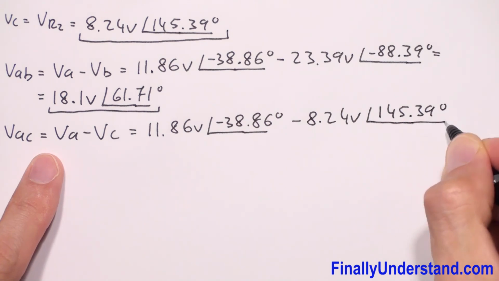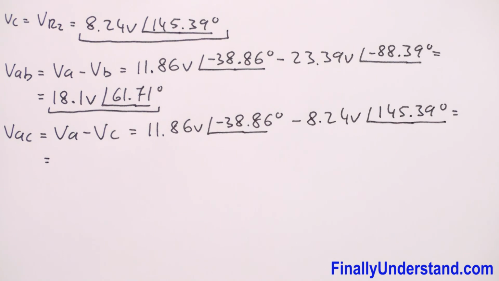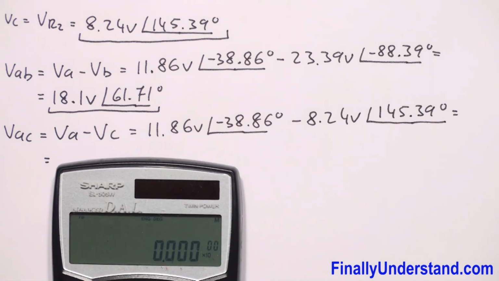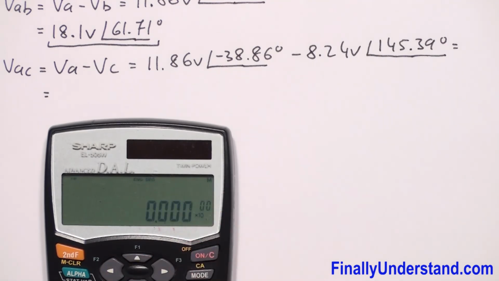Okay, this is equal, use the calculator. So I have 11.86 and angle of negative 38.86 minus 8.24 and angle of 145.39.